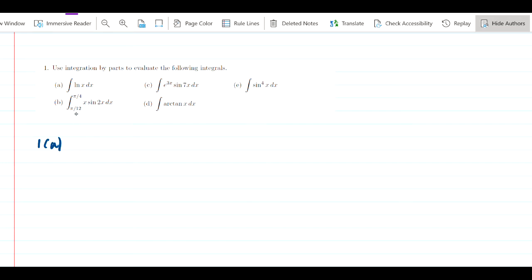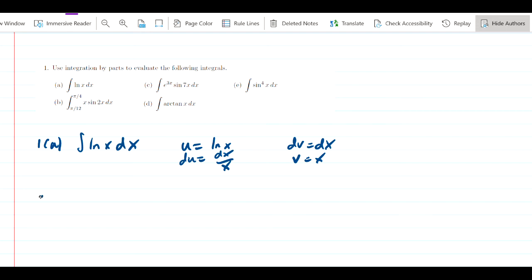With ln x, the way you do this is you set u equal to ln x and dv equal to dx, then v equals x and du equals dx over x.